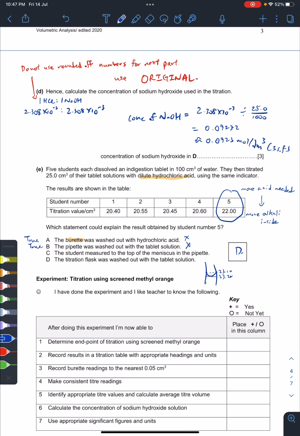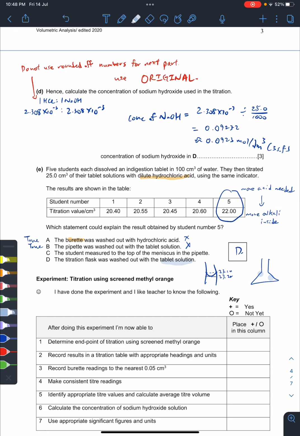Why? So, okay, recall, your burette and pipette are washed with distilled water, then whatever you're going to fill in, right? So imagine now, this is your conical flask. Conical flask is tap water, then distilled water. So imagine you add in the tablet solution and you wash. Is it possible that some of the solution remains stuck?